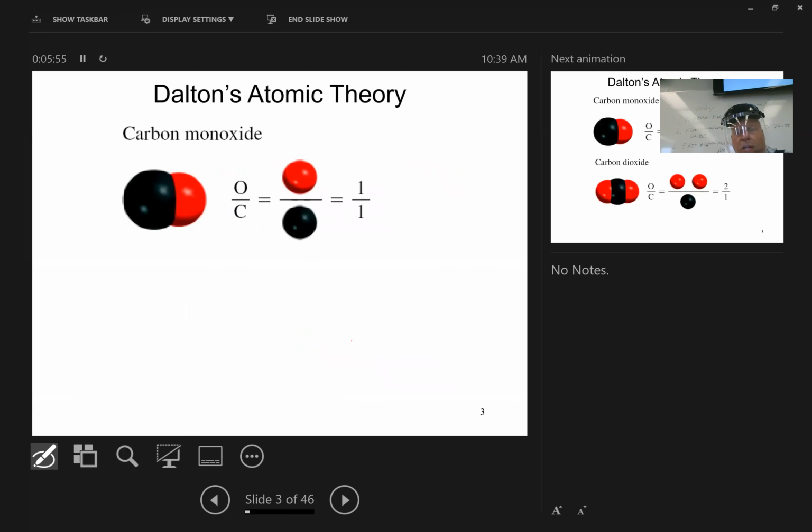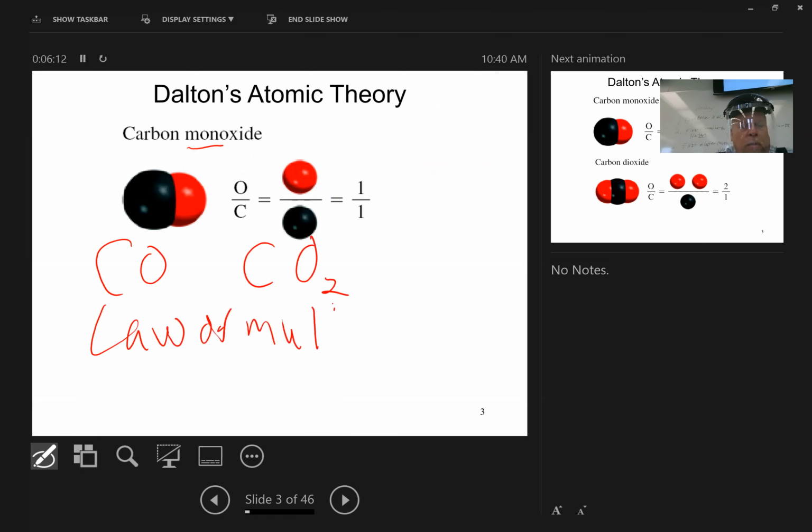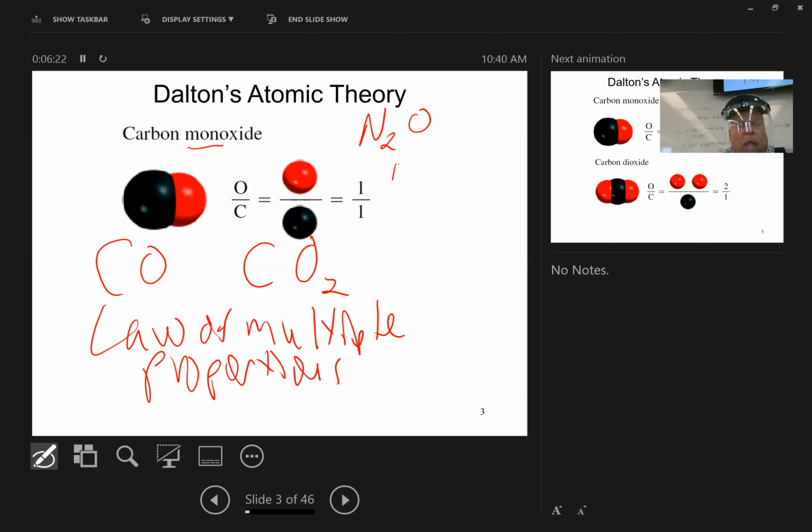So if we look at different examples of this, carbon monoxide is this, and it has a certain name, mono, and then you've got carbon dioxide, which is 2. This is called the law of multiple proportions. Okay, so for example, nitrogen could have N2O, NO, NO2, N2O4, etc. Carbon can have 2 of them.